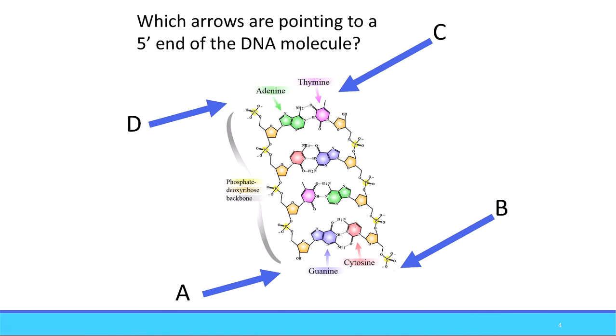If you recall back to our first part of our class, we talked about drawing ribose and deoxyribose. For deoxyribose, it looks something like this. And recall that we start numbering from the carbon that has that CH2OH. So this becomes carbon 5, carbon 4, 3, 2, and 1.